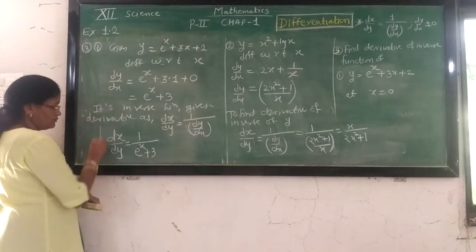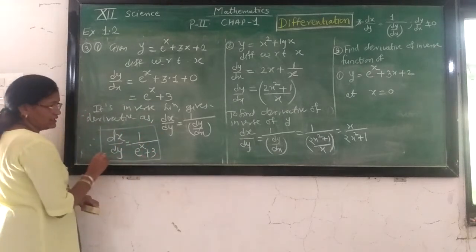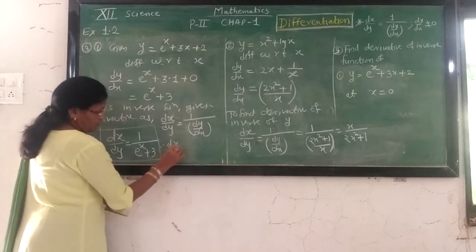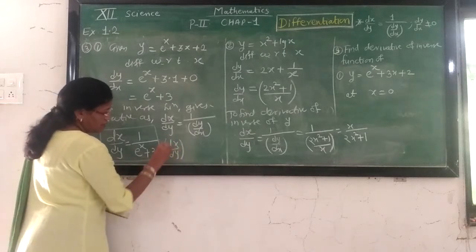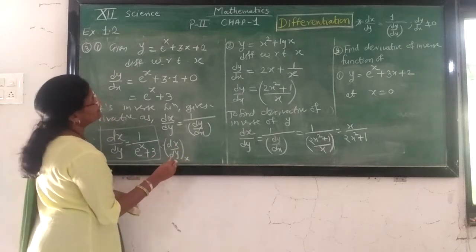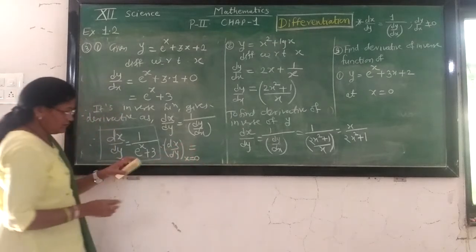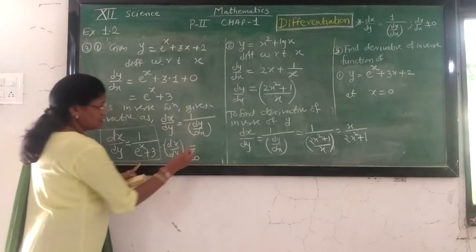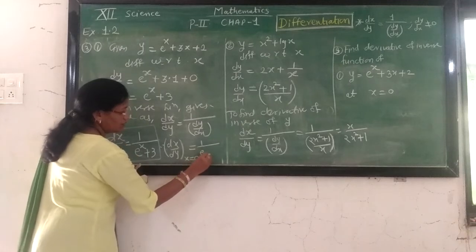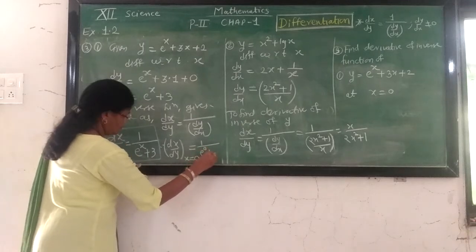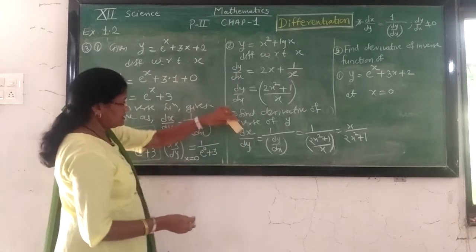This is the derivative of the inverse function of y. Now, to find this dx by dy at the indicated point, that is x is equal to 0, x is replaced by 0, so we get 1 upon e raised to 0 plus 3. What is e raised to 0?